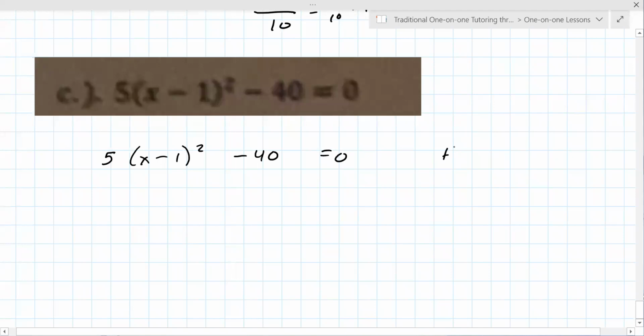Okay, so how many letters do you see? I see one letter. So that is generally an indicator of using the square root property.